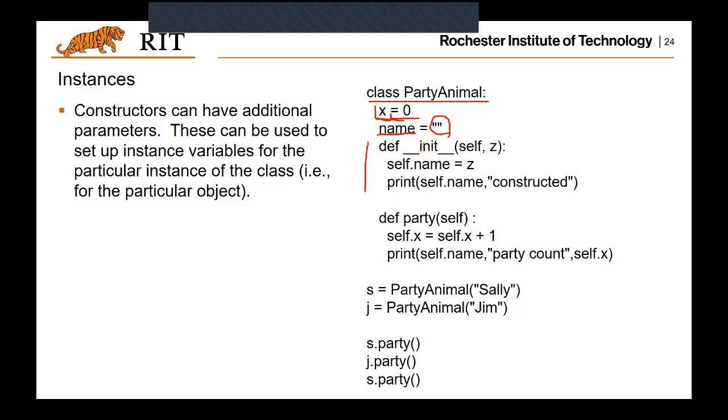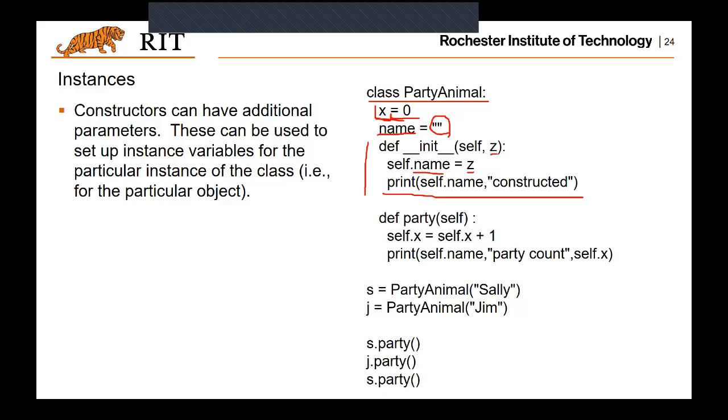Again, for the constructor, you can set the name to be something you pass to this function, and it will assign this string to the name variable, and then print the name and construct it.